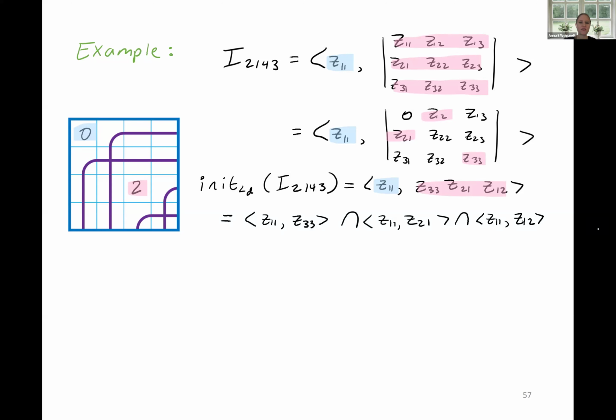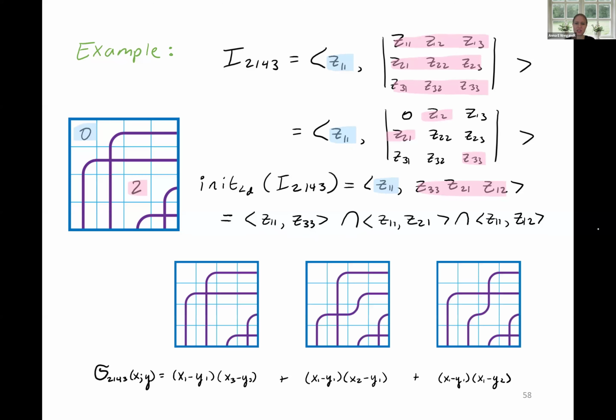And what we're going to do is fix a particular term order where we say that Z11 is the best thing, then Z12, and so on. So when we fix this term order, our initial ideal is going to be this intersection here, where we take this lead term, here's the lead term that matters, and then we take a prime decomposition of this thing. And so when we do this, we get this. And if you're not happy taking prime decompositions, that's fine, but I just want to get to this picture.